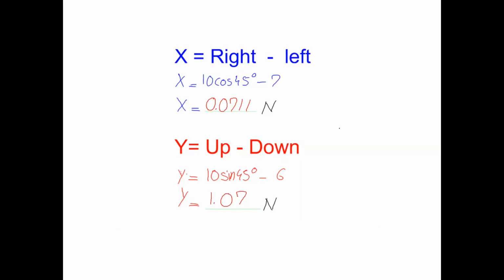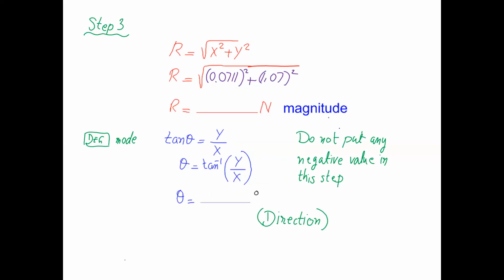Good. Now can you look at the third step in the notes? Third step is this formula R equals square root x squared plus y squared. That is for resultant vector. Yes.